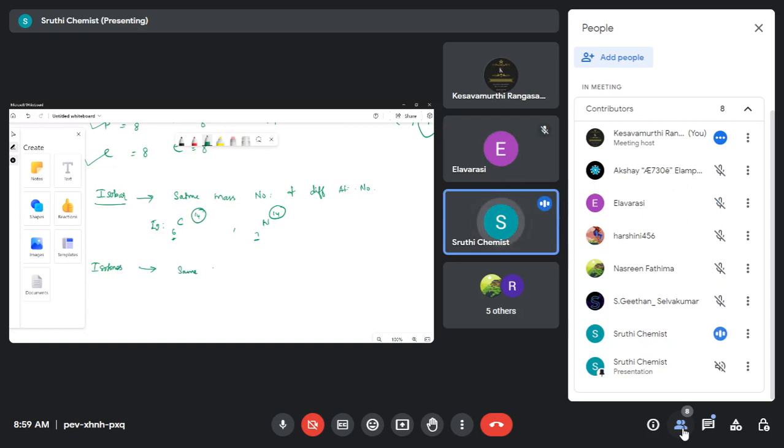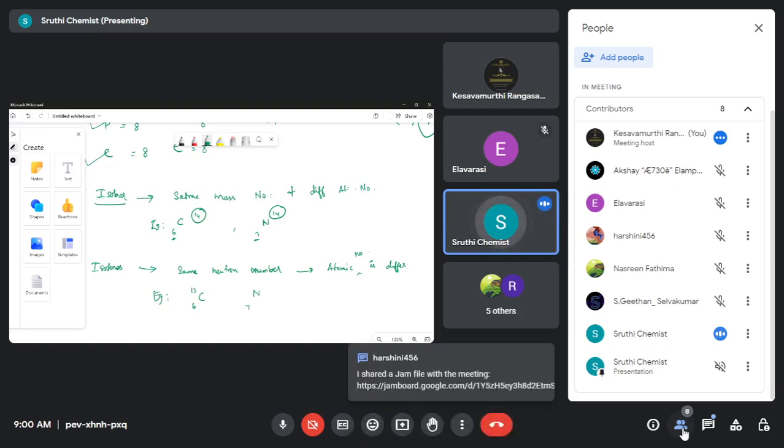Same neutron number, but the atomic number is different. Atomic number is different and the number of neutrons is the same. Examples: carbon 13 and nitrogen 14, with atomic numbers 6 and 7.